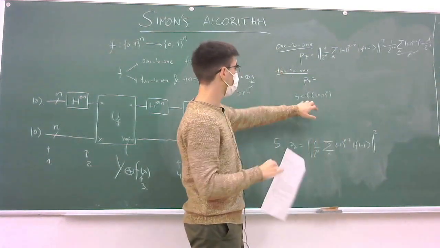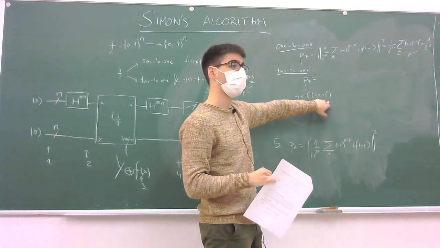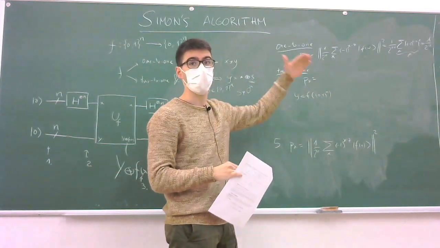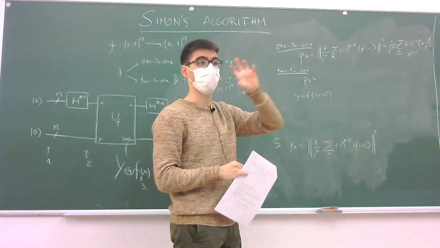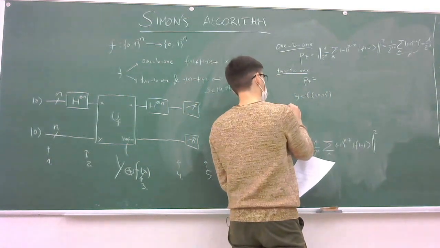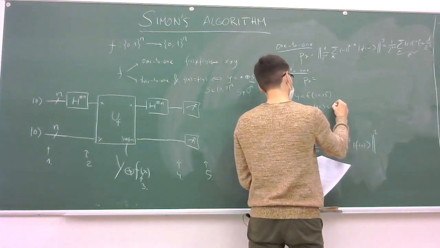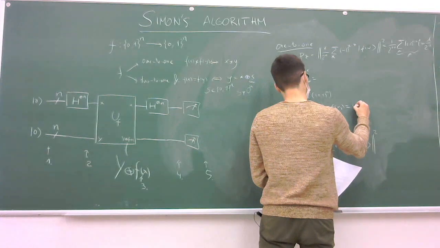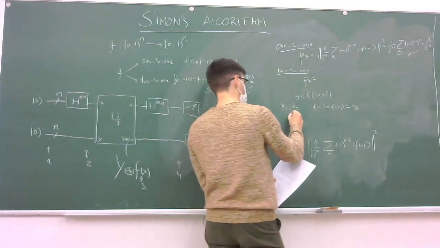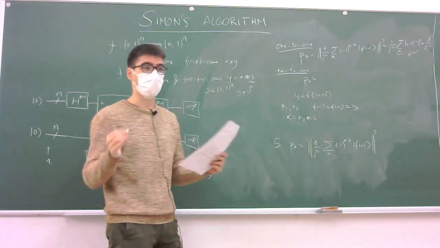So y is a possible output of f of x. And remember that this image space has half of the dimensions of the original one. There are half of the elements, because for it to be 2 to 1, you must have fewer output elements. And we will define x1 and x2 as the input elements that output that y value. And we know that they satisfy this property for some s.